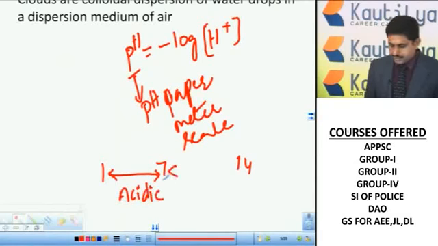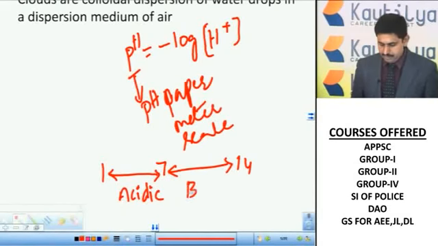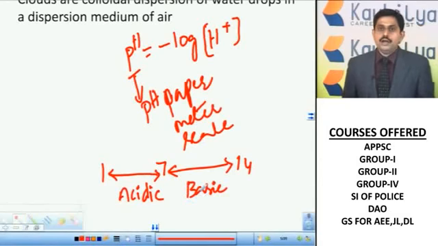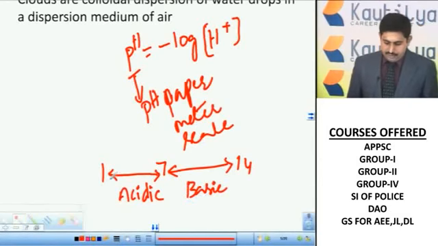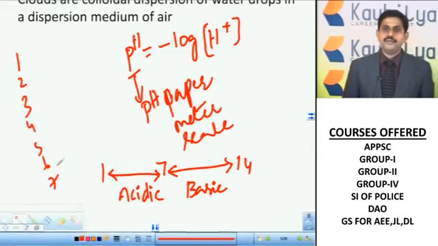If the pH is between 7 to 14, then the solution is called a basic solution. It has basic nature. Now, as the pH increases from 1 to 7, that means 1, 2, 3, 4, 5, 6, 7, right? the acidic character decreases.